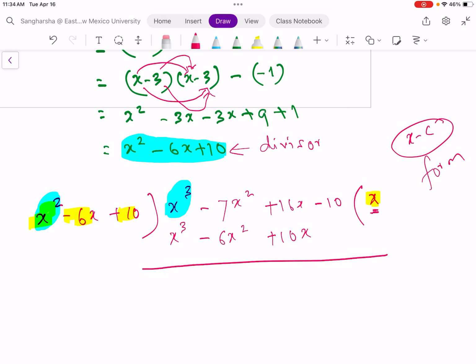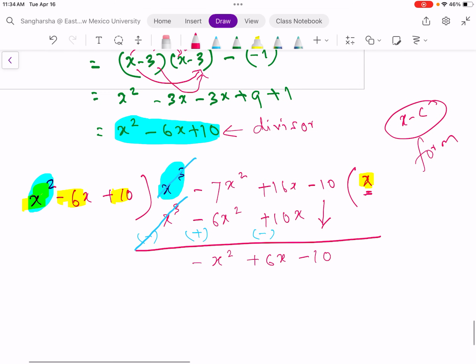We flip the sign. X cubed is positive, so we make it negative. Negative 6x squared is negative, so we make it positive. 10x is positive, we make it negative. So x cubed minus x cubed is 0. Negative 7x squared plus 6x squared is negative x squared. 16x minus 10x is positive 6x, and we drop the last term, negative 10.